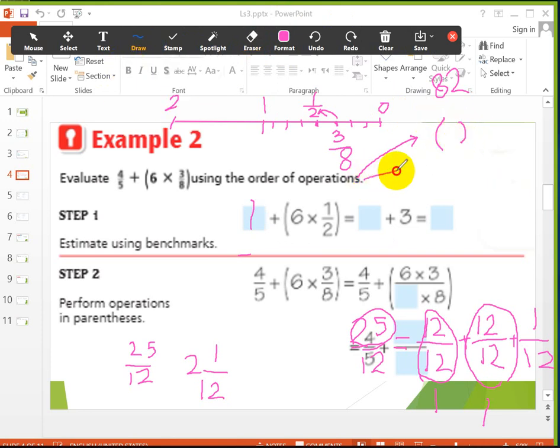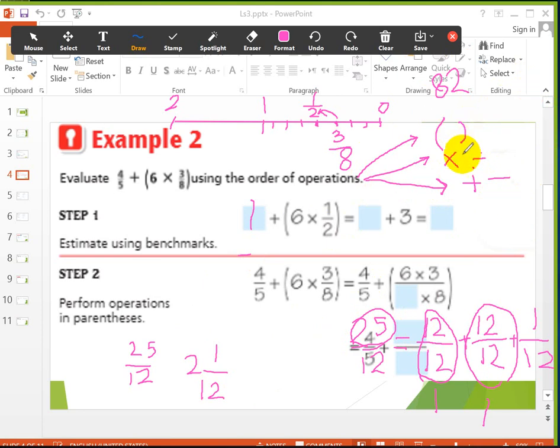Second, I have to do multiply and division, right? After that, the last will be what? Addition and subtraction. So if you want to order the operations, the order will be first for parentheses.